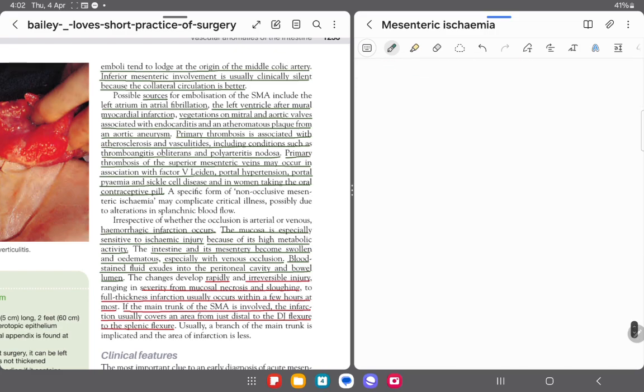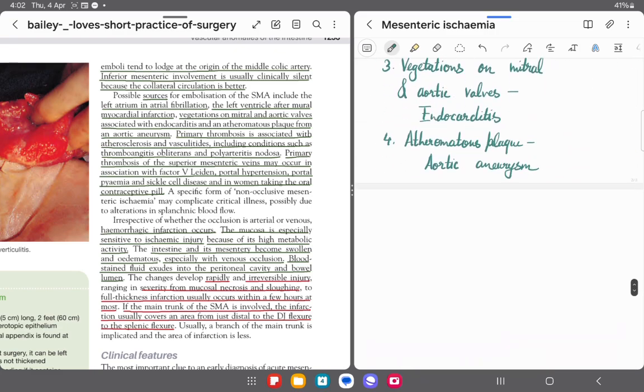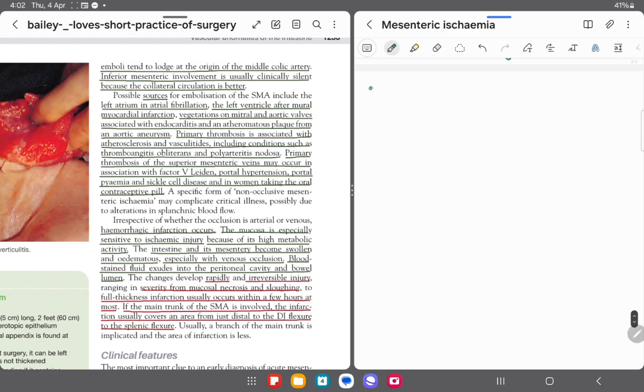Okay, so this was superior mesenteric artery. Now we'll note down for superior mesenteric vein. Primary thrombosis can occur.